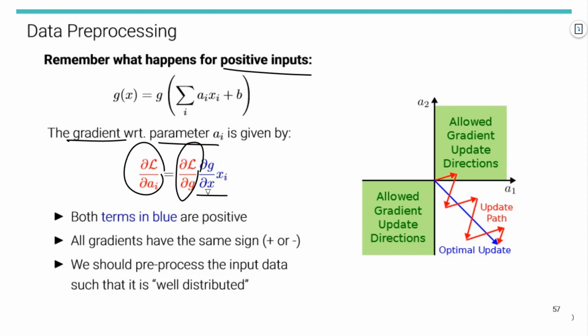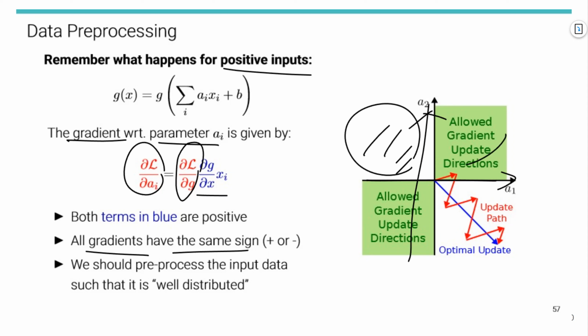And if both are positive, then all gradients will have the same sign. And even though we have various choices in our gradient searching space, it doesn't explore these areas, but it only goes through this direction. And that could cause some bias for our network.